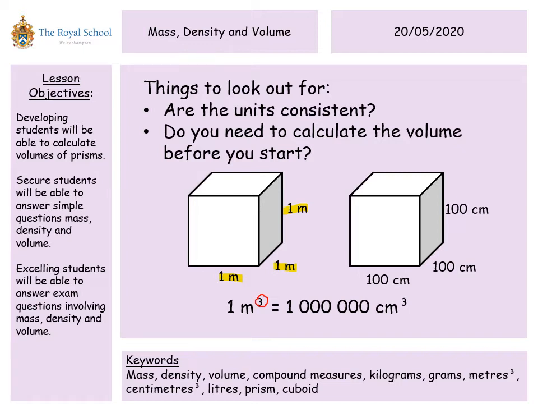So if you had an object that was 7 meters cubed, it would be 7,000,000 centimeters cubed in it. Sounds like a huge amount. If you imagine a cube that's a meter by a meter by a meter, that's actually quite a big cube, and a centimeter is very small. If you imagine a cube smaller than a regular dice, it'd be 1 centimeter by 1 centimeter by 1 centimeter. You'd need 1,000,000 of them to fill that box up.